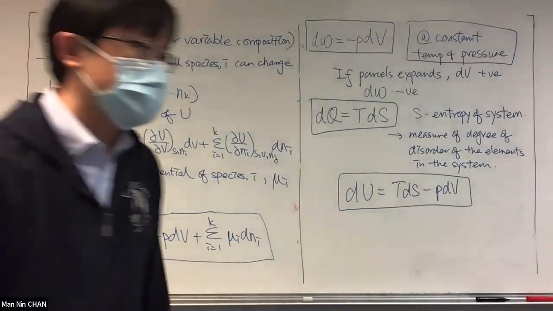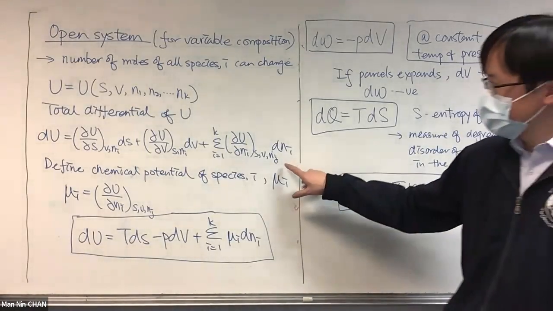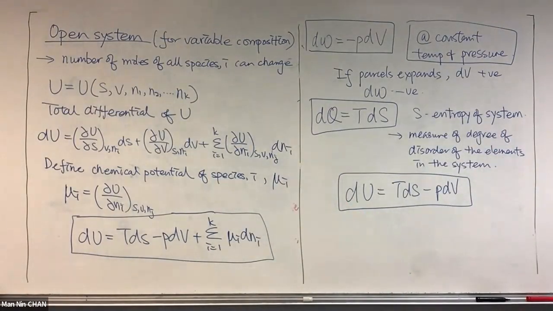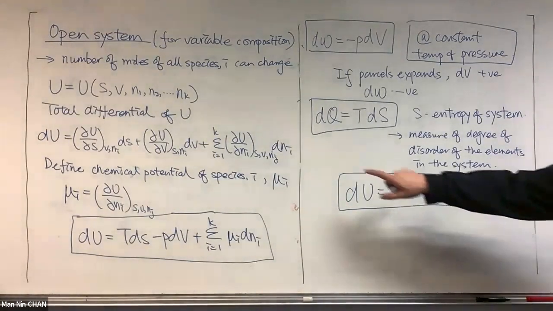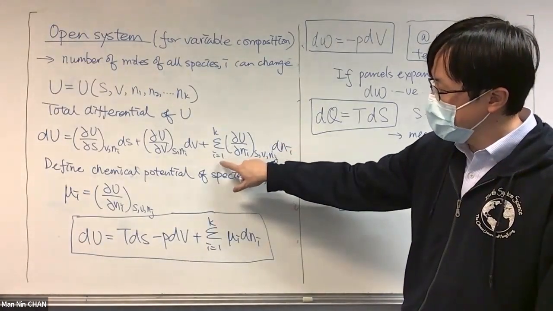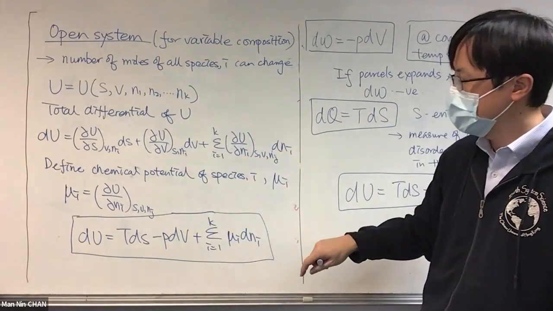Zoom class, so there's a question from a student, wondering about the number of moles of all species on the second line. I assume you're talking about this line, and is it K instead of I? So here we're looking at species I, and I goes from 1 to K, depending on the number of species you have.